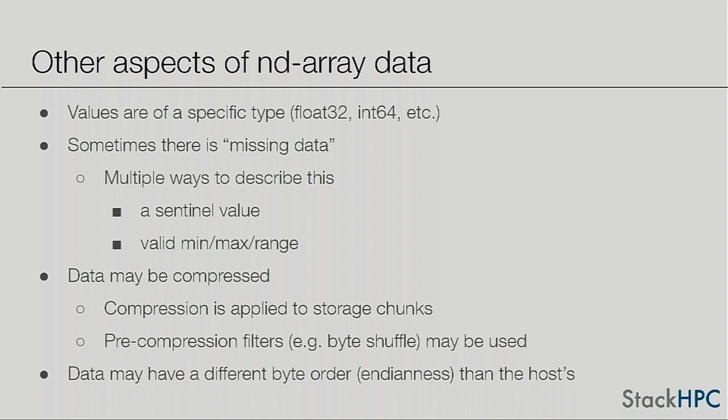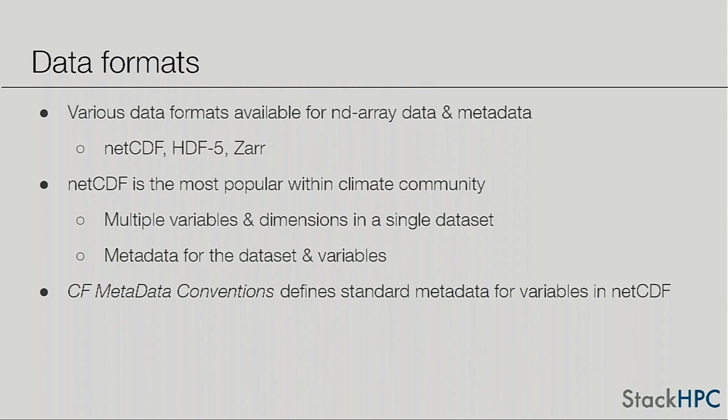Well, sometimes you can use a sentinel value, a particular number that represents missing data, or a range of data that is valid for the data to take. And anything outside that is treated as invalid. The data might be compressed to reduce the amount of storage required, and it might have a different byte order to that of the compute node.